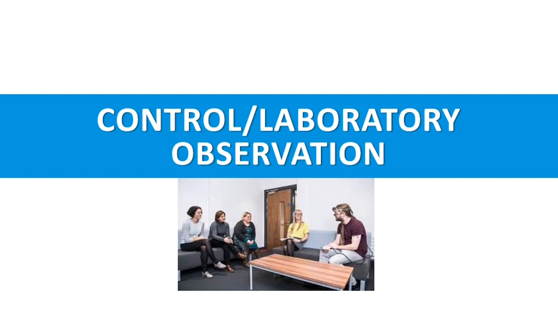Controlled observation takes place in a controlled environment. For example, during an experiment in a lab, the observer could be behind a one-way mirror. It is also a type of laboratory observation because it is performed in a lab. It can be overt or covert.